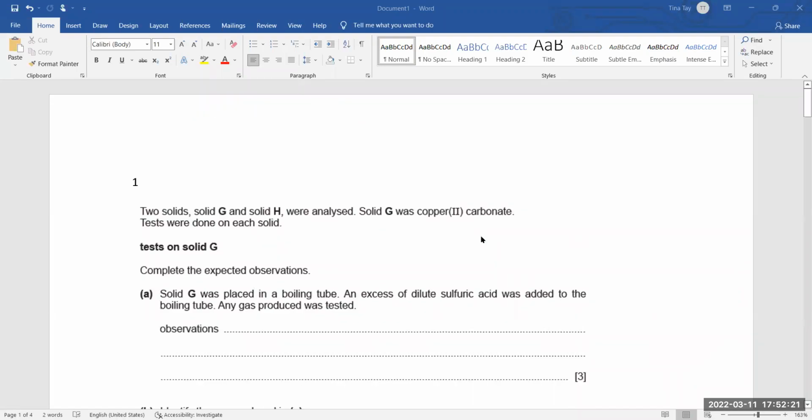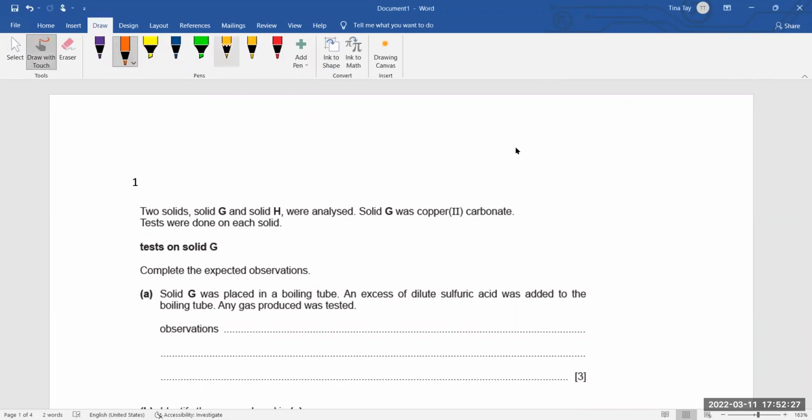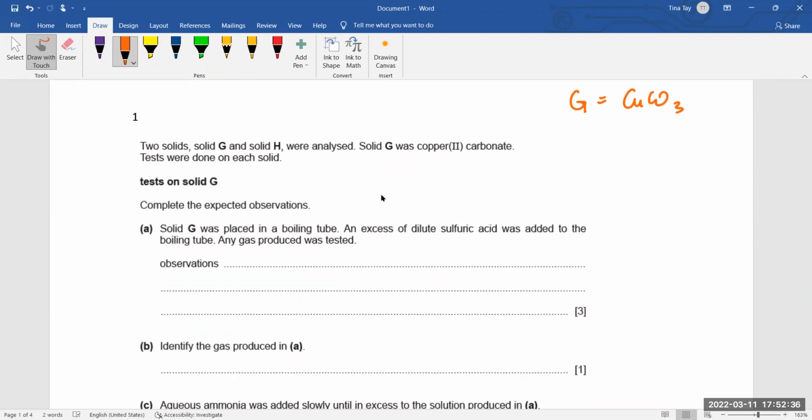Okay, two solids, G and H were analyzed. Solid G is copper carbonate. Complete observations. Boiling tube, excess dilute sulfuric acid. So there's 3 marks. Copper carbonate dissolves.